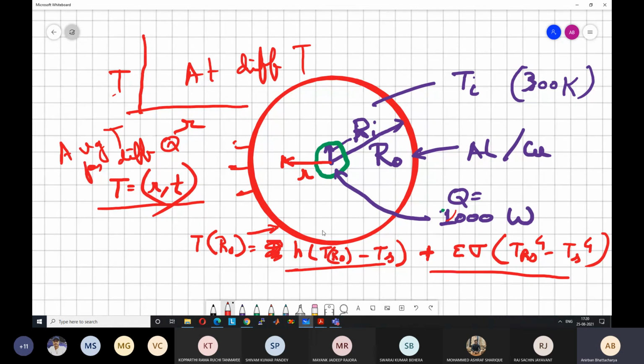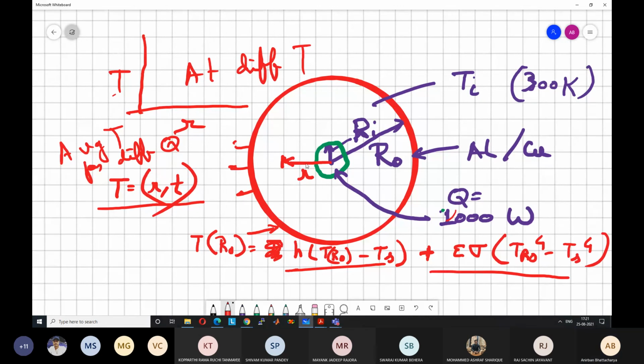So h times (T minus Ts) will increase, and similarly the radiation term, T at r0 to the power 4 minus Ts to the power 4, will increase dramatically. So this heat loss will increase. Ultimately, the temperature will keep on increasing until you reach a point at which the heat being put in, 100 watt or 1000 watt, is equal to the heat going out from this side.